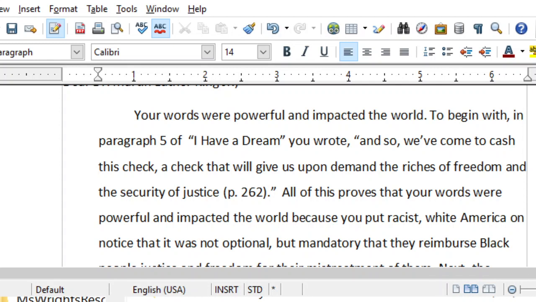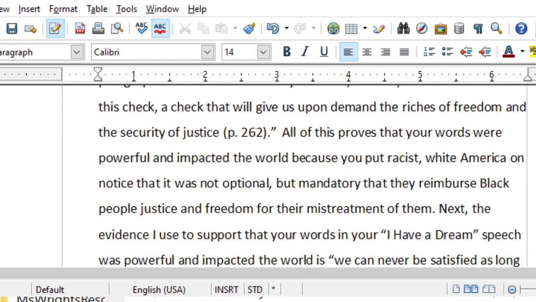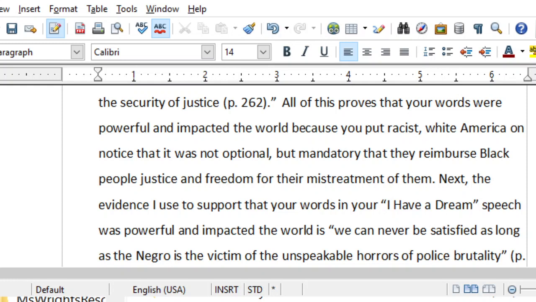All of this proves that your words were powerful and impacted the world because you put racist, white America on notice that it was not optional, but mandatory that they reimburse Black people justice and freedom for their mistreatment of them.